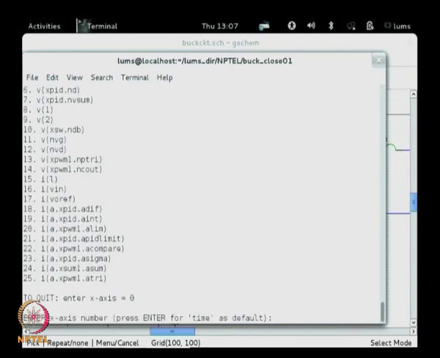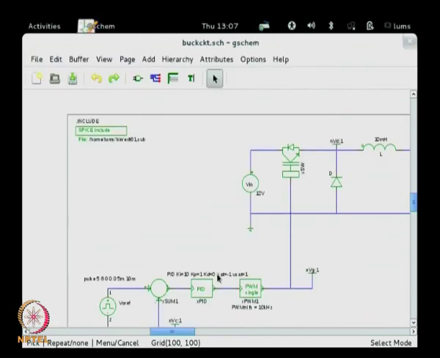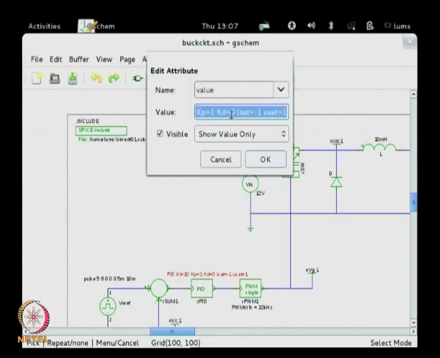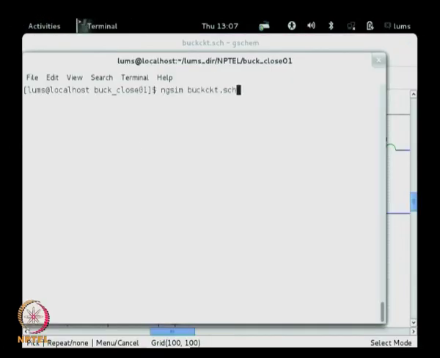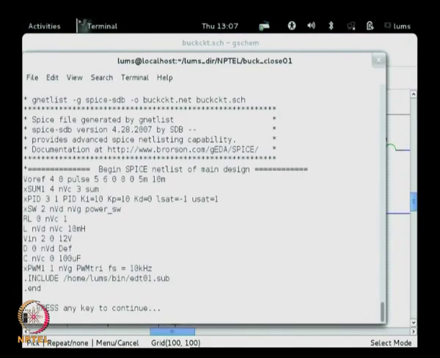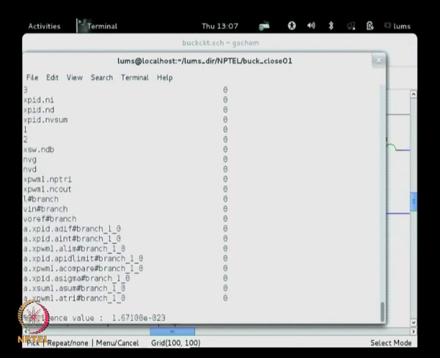So, in this way you iteratively manipulate. Let us say we go here, increase Kp value, Ki value is set, let us say increase Kp value, let us make it 10 and save the file, go back again here, regenerate the netlist and ask ngSpice to simulate it.